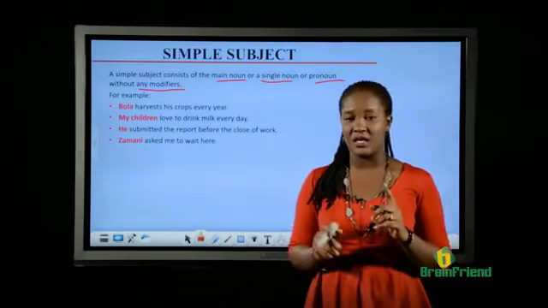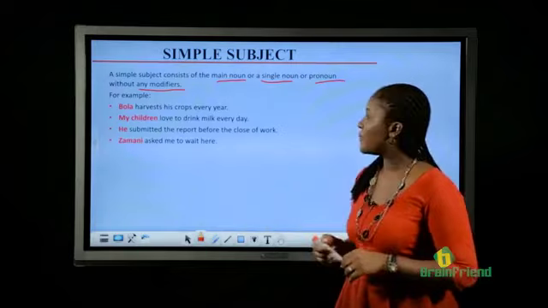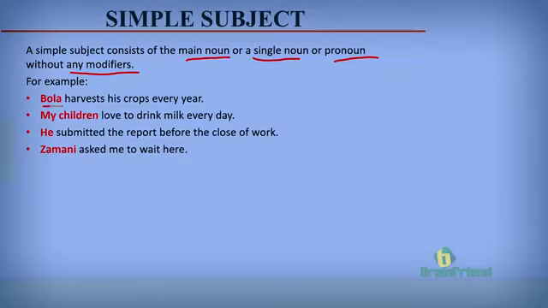words describing it. For example, Bola harvests his crops every year. Bola is a single subject because it consists of just one noun. And then we have, my children love to drink milk every day.